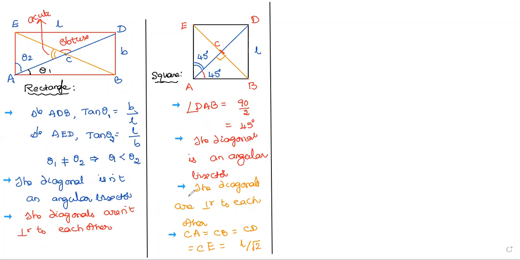Okay, but I say C is the center, they bisect at C. Yes, bisect. Bisect means the last point is valid. CA is equal to, yeah, exactly. They bisect.